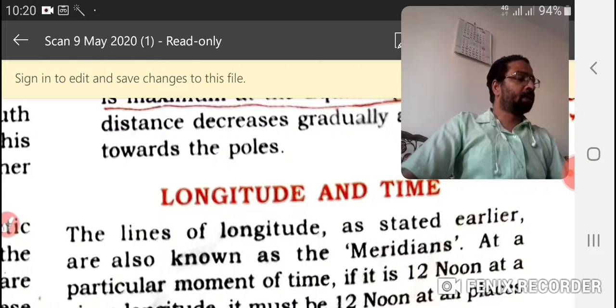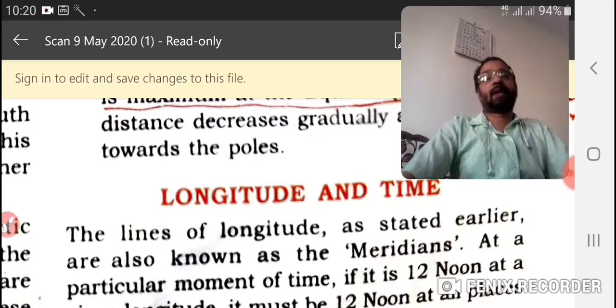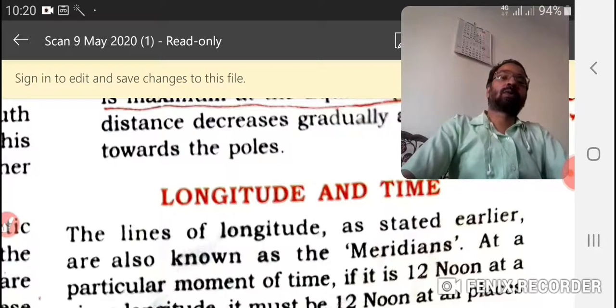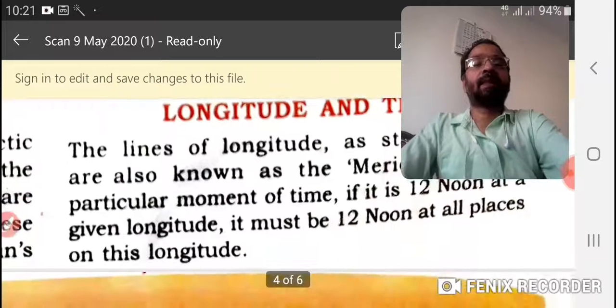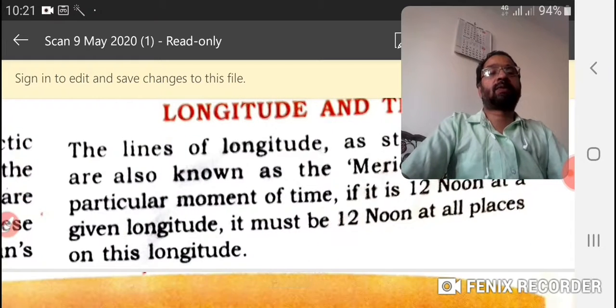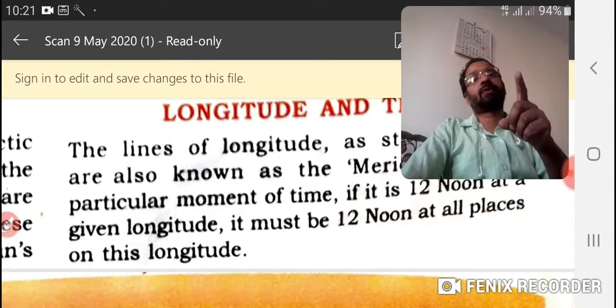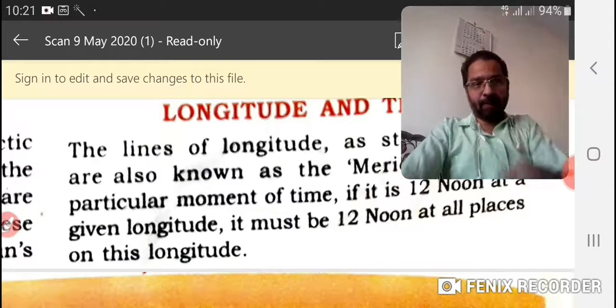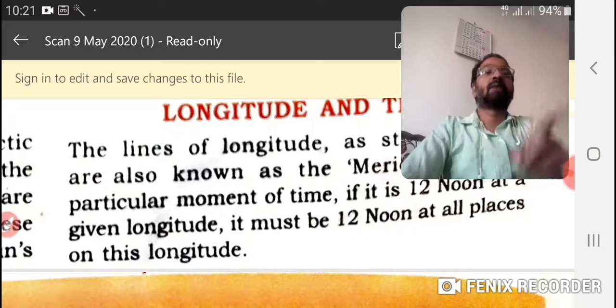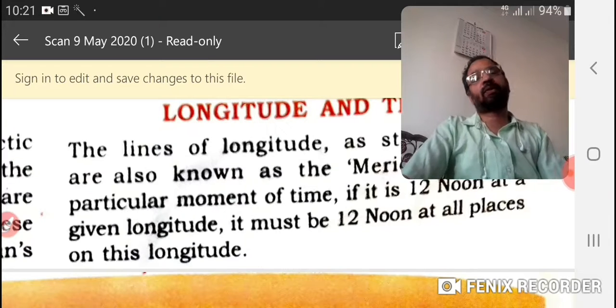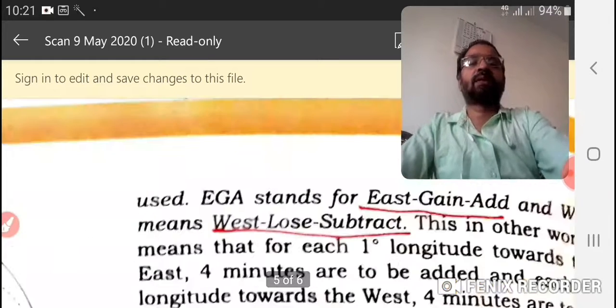Now let us see longitude and time. The lines of longitude are also known as the meridians. At a particular moment of time, if it is 12 noon at a given longitude, it must be 12 noon at all places on it. That we have already said.